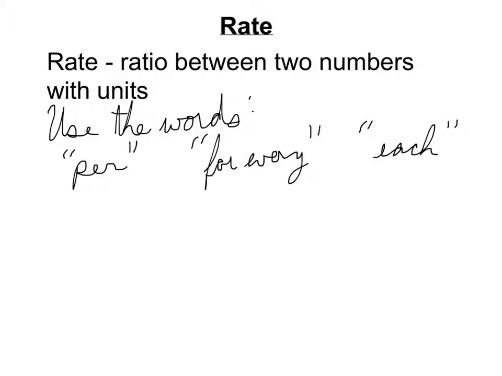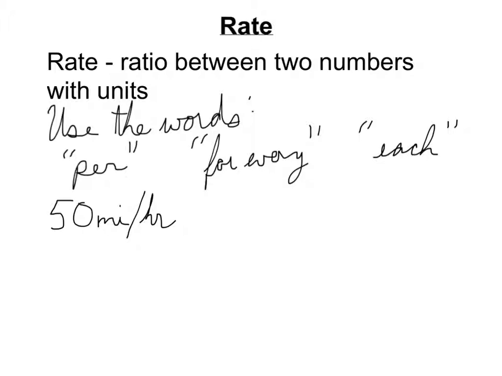So as you're reading through a story problem, if you see any of these situations, you're probably dealing with a rate. For example, 50 miles per hour means that for every 50 miles traveled, it will take 1 hour.